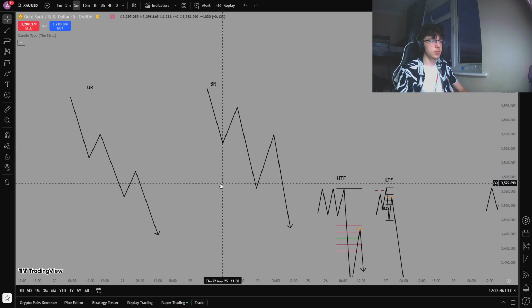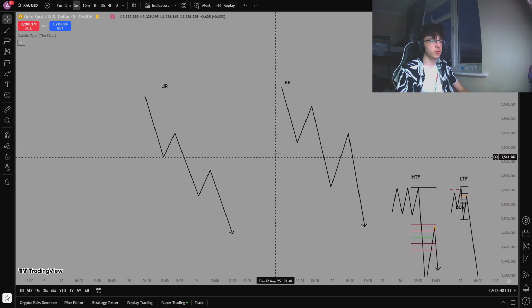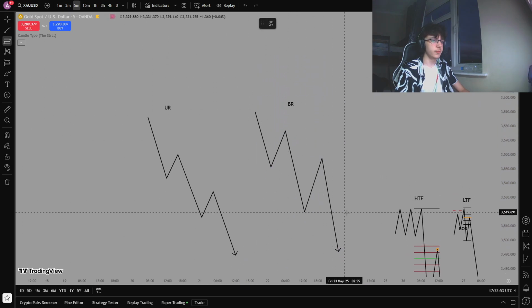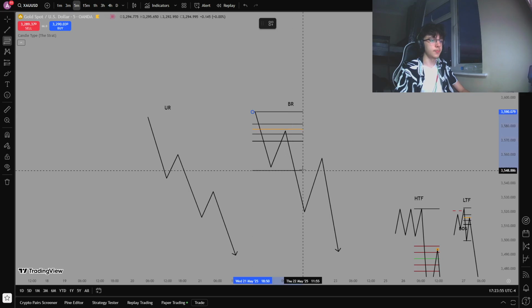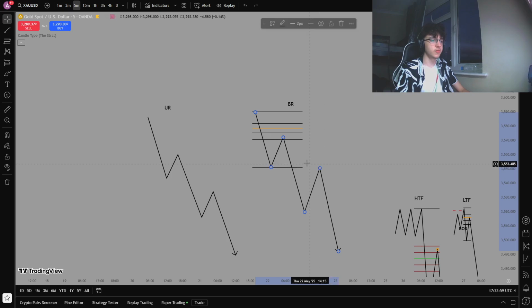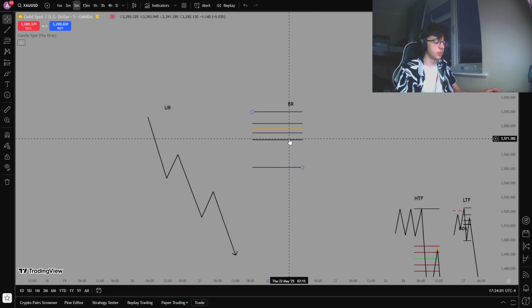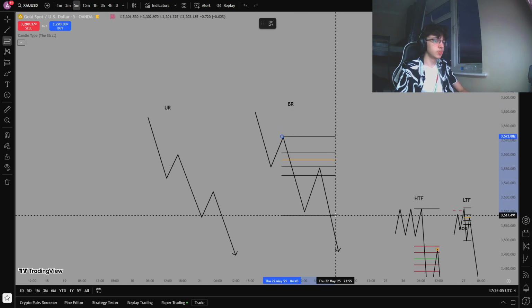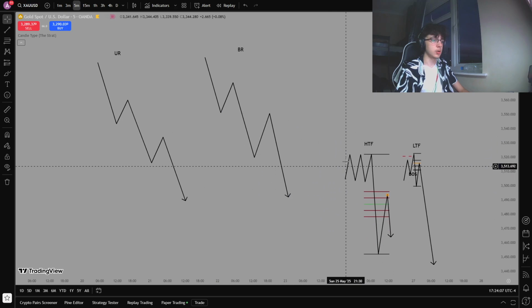It's a similar thing with balanced ranges, where we have a move down and we touch into equilibrium as we move down. So here we touch into equilibrium, here we touch into equilibrium, and carry on.